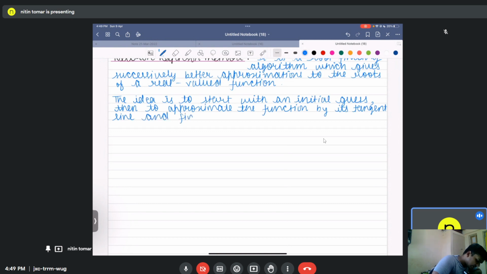And finally, to compute the x-intercept of this line. What is the x-intercept? The point where the line intersects the x-axis.